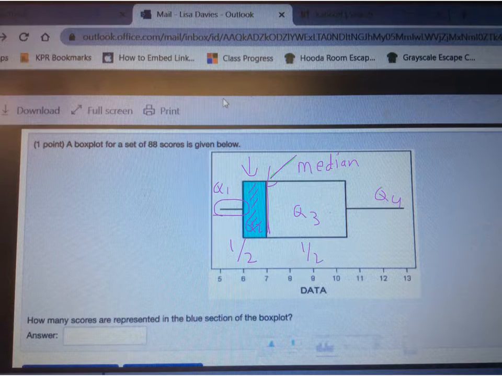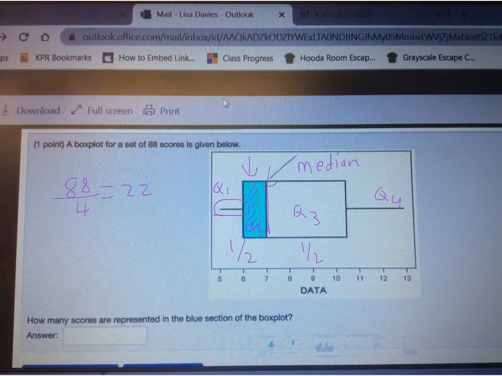And so in this case, 25% of your 88 scores is 1/4 of 88, which would be 22 scores being represented in just the blue section of the box.